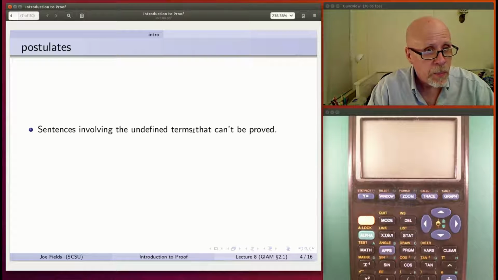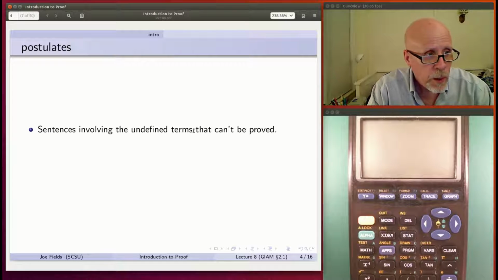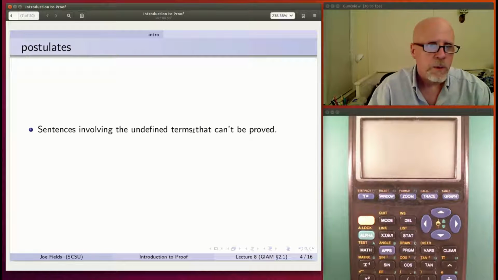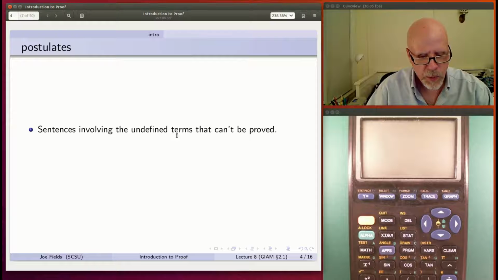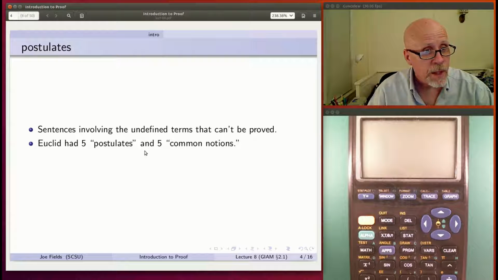If a thing can't be proved, but you believe it, you think it's true, or it should be true in the area of math you're working in, then make it a postulate. But don't go nuts on this. It's kind of bad form if you have 49 postulates. Keep it down to like Euclid level. There's like 10 of them there. That's reasonable. Okay. Yeah, he had 5 postulates, 5 common notions. Together, those are the axioms.